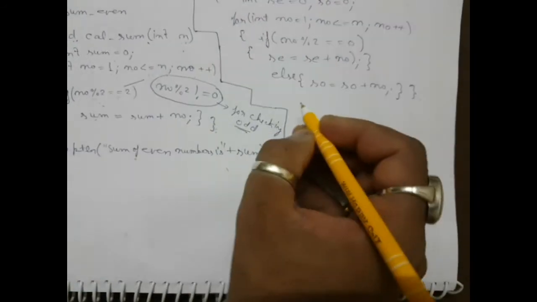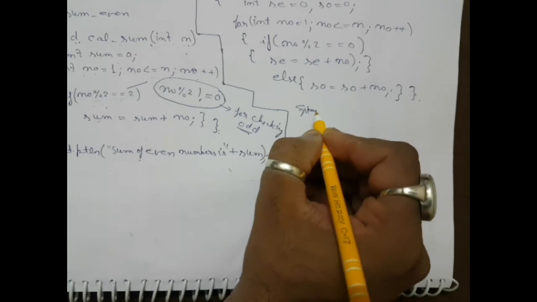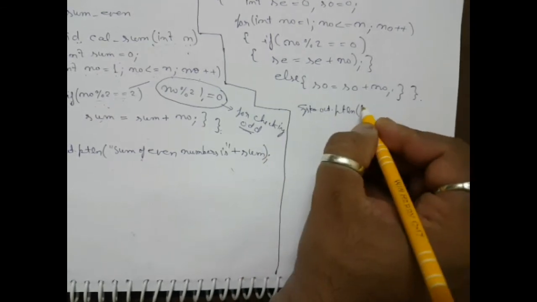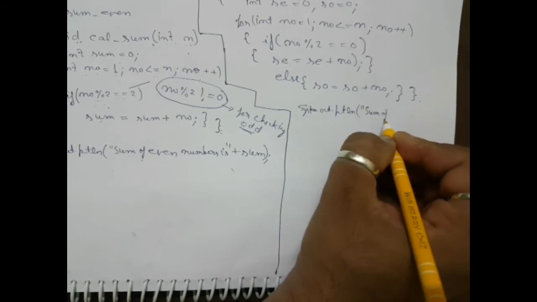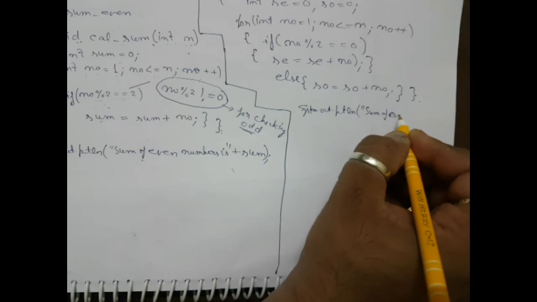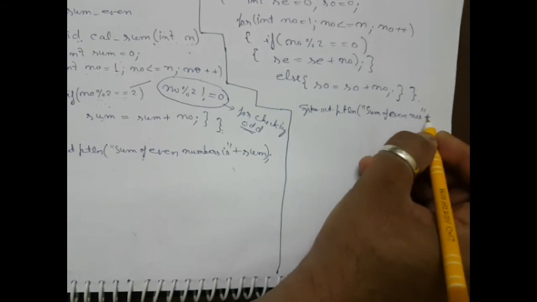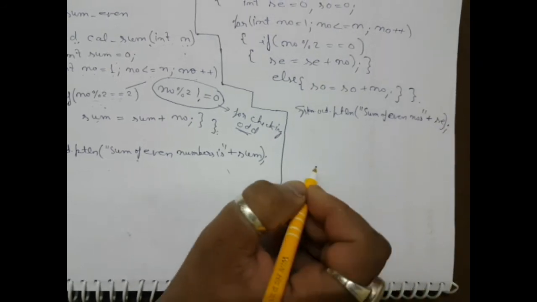Now students, I have to simply write the message System.out.println, right, "sum of even numbers" plus SE, right.